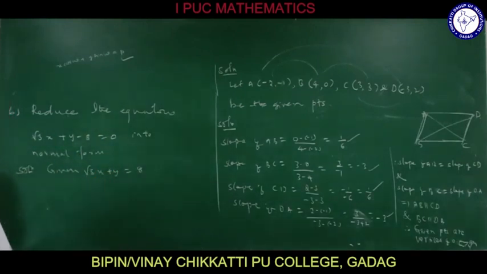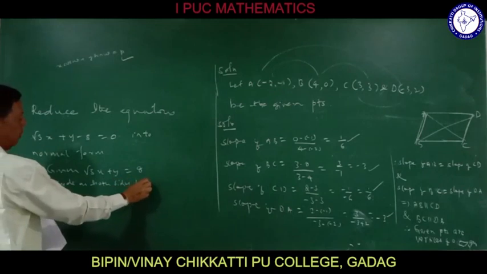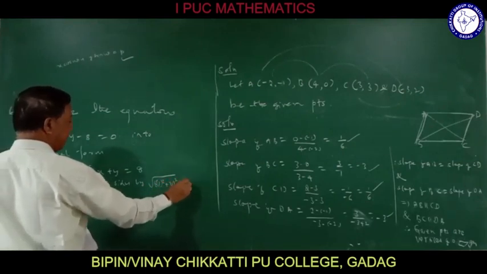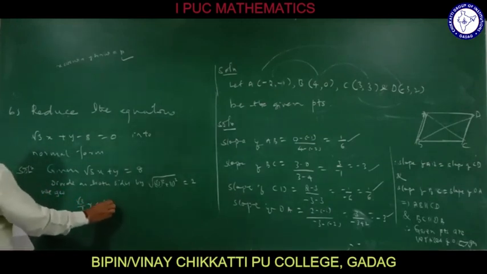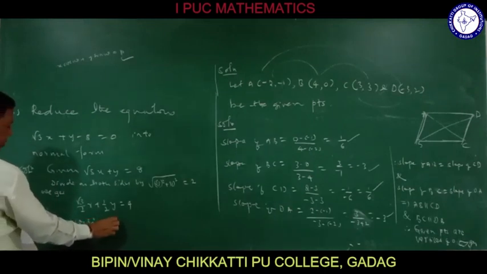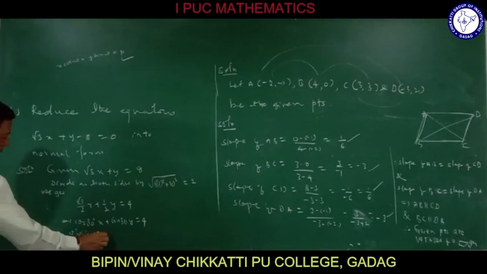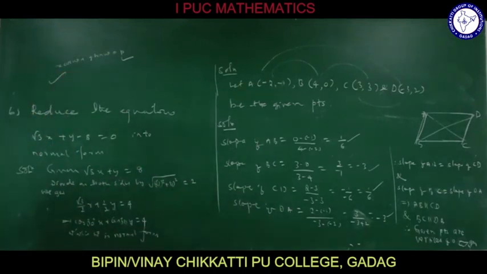The point is that we divide both sides by the square root of root 3 whole square plus 1 whole square, which is equal to 2, and we get root 3 by 2 x plus 1 upon 2 y equal to 4, that is cos 30 degree x plus sin 30 degree y is equal to 4, which is in normal form.